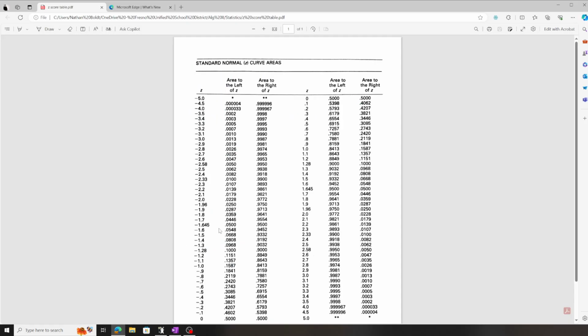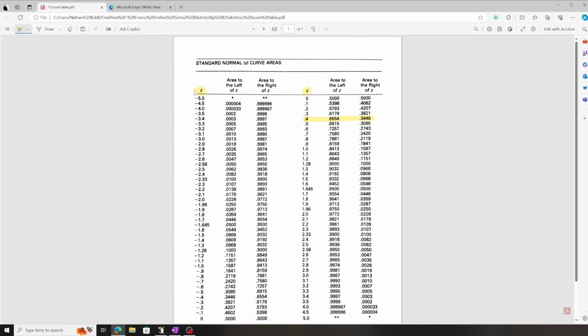0.45. So we go through here. Here are our z-scores. Let me find a highlighter here. So here are our z-scores, right? And we have to find 0.45. Well, 0.4 is right there. And we want the area to the left.